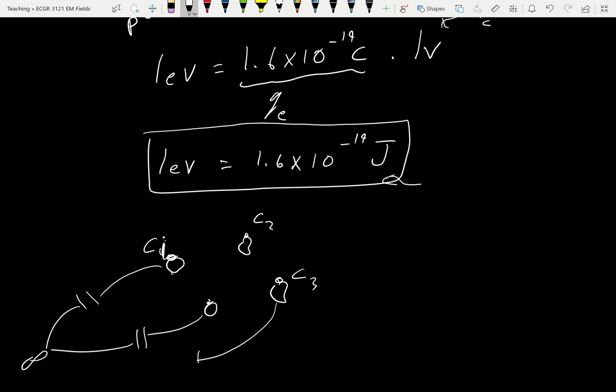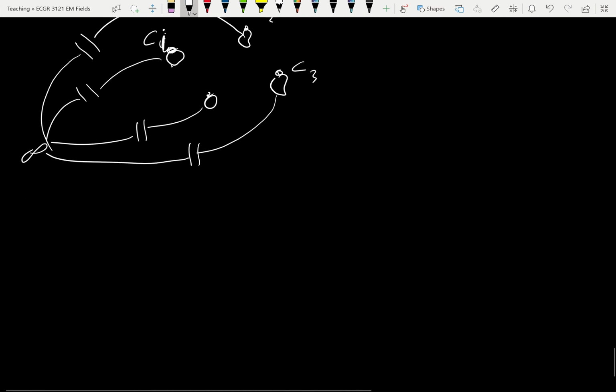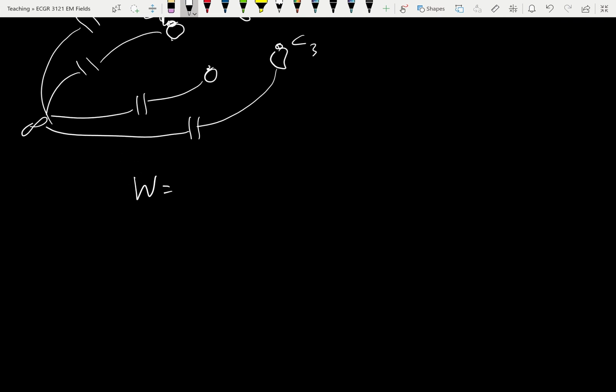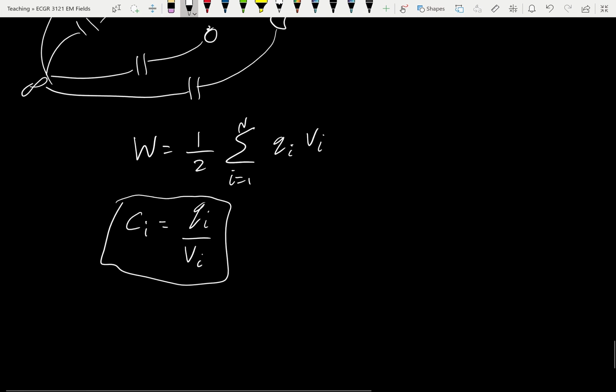So we could write the energy in terms of the capacitance too. How do we rewrite this equation in terms of the capacitance? We know the energy is half, sum over i equals 1 to n, of Qi Vi. I know that Ci is always going to be Qi over Vi, that's the equation for the capacitance. So I can write W.